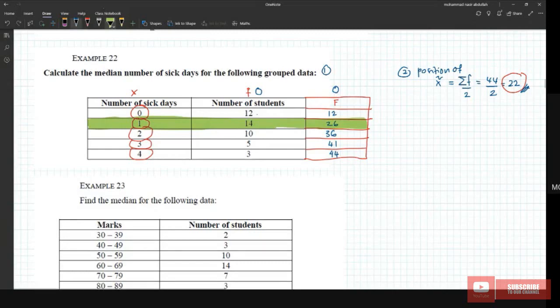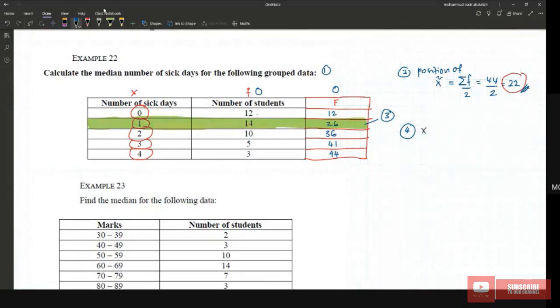So since we don't have a class size, this is your step number 3. And step number 4, since we don't have a class size, the median is equal to 1. We will take this one.